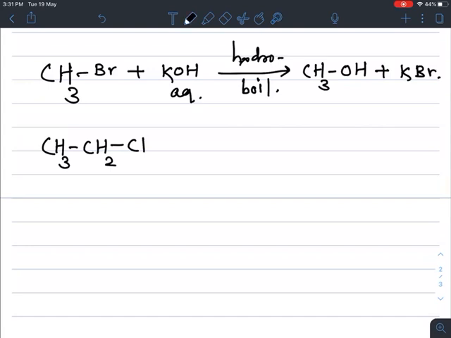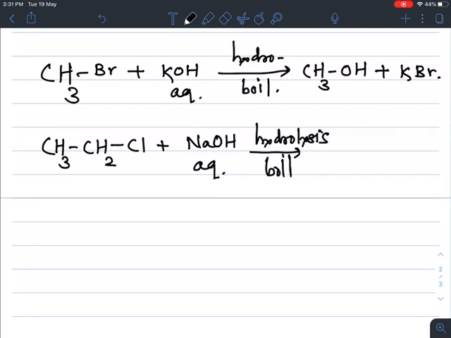When it is treated with aqueous NaOH or aqueous KOH, or we can use a metallic hydroxide like AgOH, it again undergoes hydrolysis. After boiling, what do we get as the product? The Cl is replaced by OH, so the weak nucleophile is replaced by the strong nucleophile.